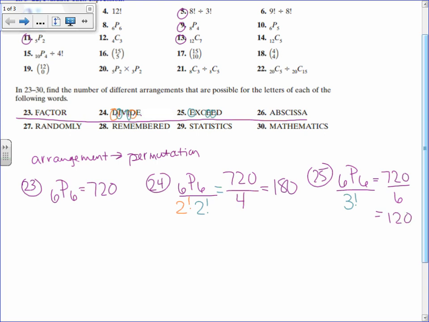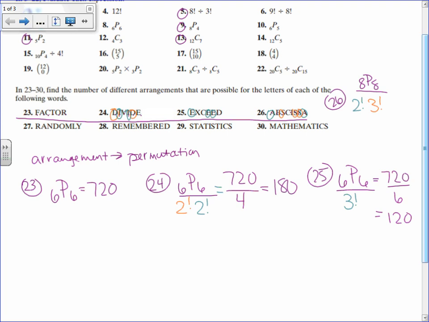And last but certainly not least is the word abscissa. Abscissa is actually a very fancy word for the x value of a coordinate. So this is going to be 1, 2, 3, 4, 5, 6, 7, 8, so 8P8. And I've got 1, 2 A's, so there's going to be a 2 factorial in my denominator. And then I've got 1, 2, 3 S's, so that will be a 3 factorial in my denominator.